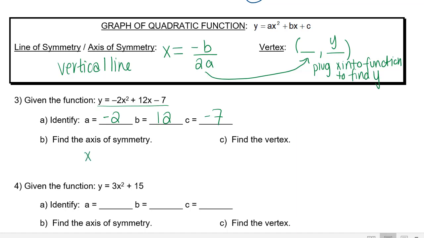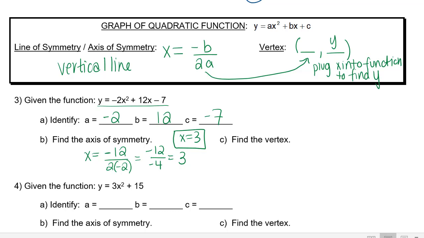So I'll start with x equals, the opposite of b. b is 12, so I'm going to take the opposite of 12, meaning negative 12, over 2 times negative 2. And then simplify algebraically. We get negative 12 over negative 4, which simplifies to 3. So that axis of symmetry is x is equal to 3.